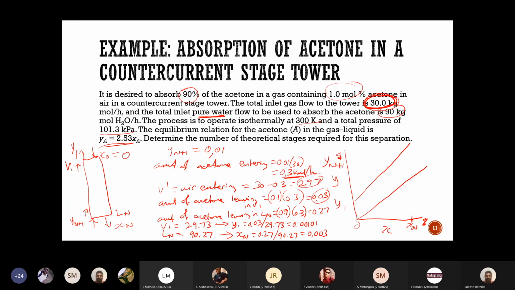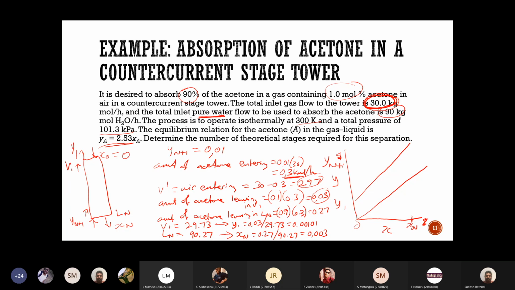Anyone confused? Anyone unsure as to how we got these values? Those that are struggling, you may want to look at the video again and listen to the explanation again. If you're still having a problem, contact me and we'll try to solve it.